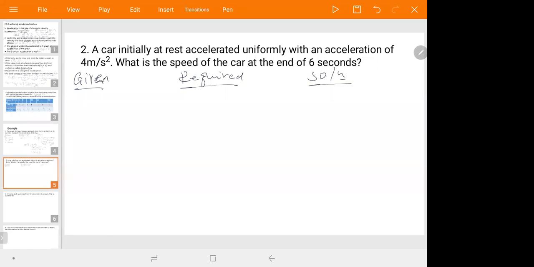Have you tried this question? Okay, have you tried?